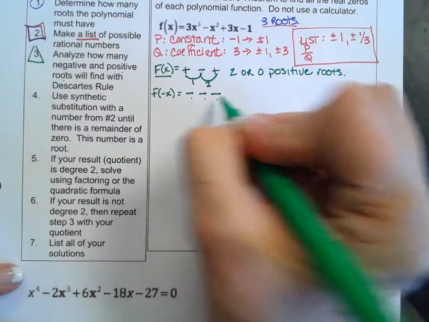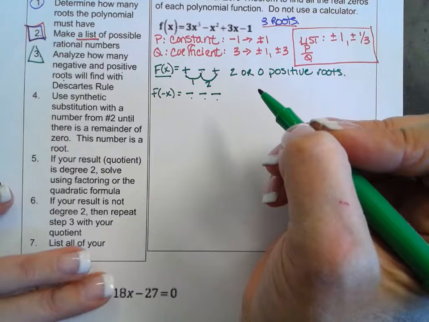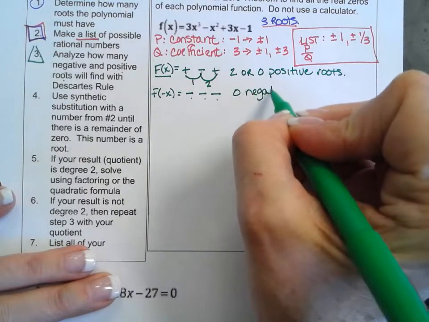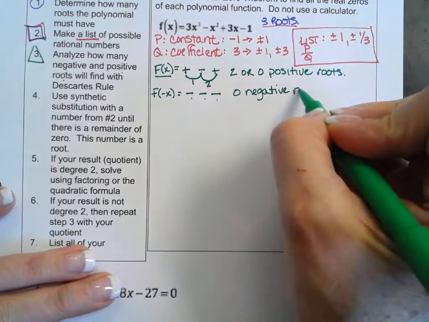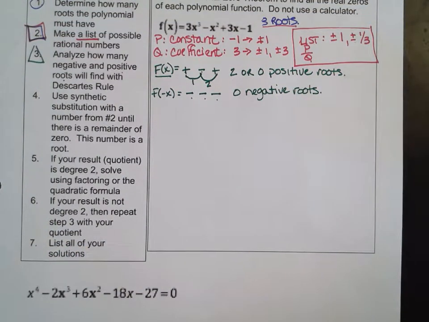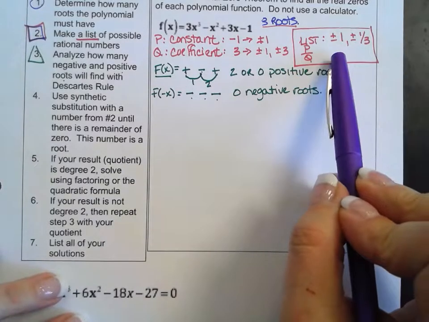I don't have any changes at all. So that means I should have 0 negative roots. Okay. So that's just to help us kind of pick and choose out of here.